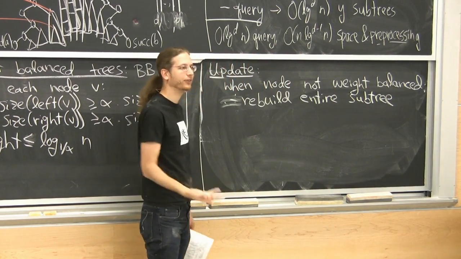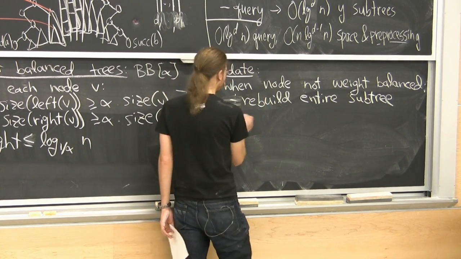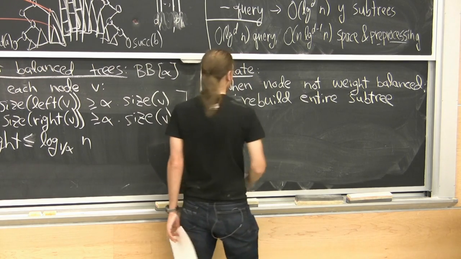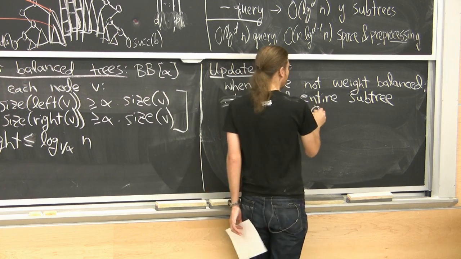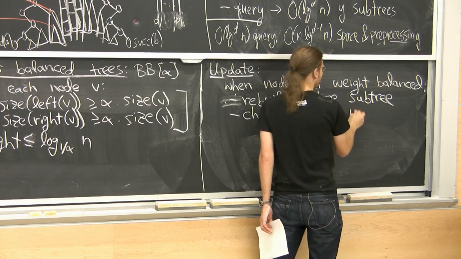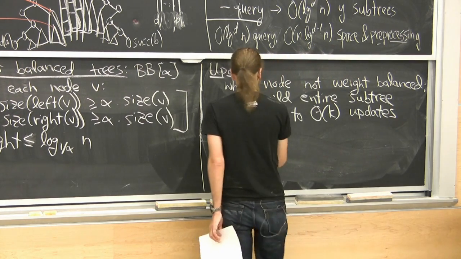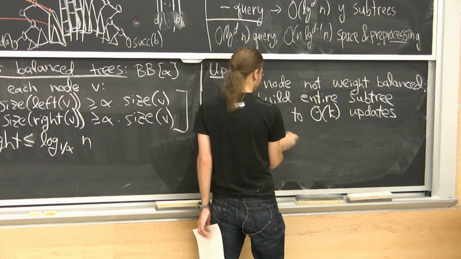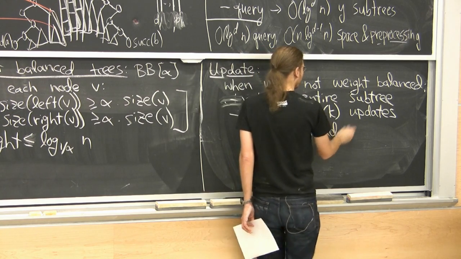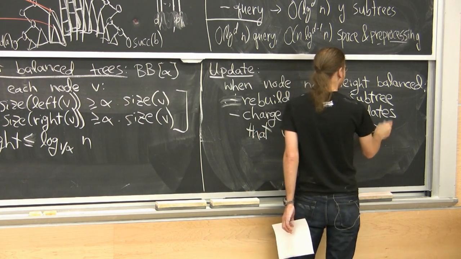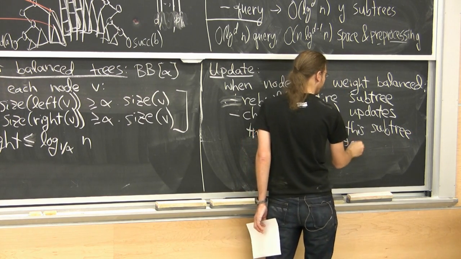Half minus alpha times the size of the subtree had to be inserted or deleted for that to happen, or maybe half of that. Some constant fraction. I don't really care. Alpha is a constant. I'm going to charge to the theta k updates that brought that unbalanced things. Okay, k here is the size of the subtree.